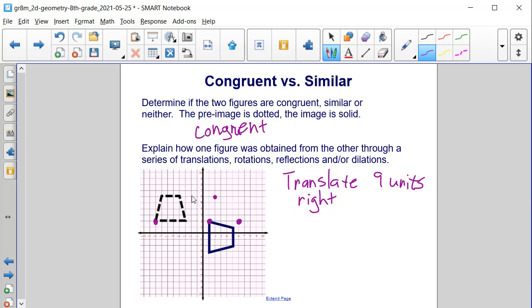And this one, 1, 2, 3, 4, 5, 6, 7, 8, 9. Okay, so here is going to be the middle image diagram that we have here.